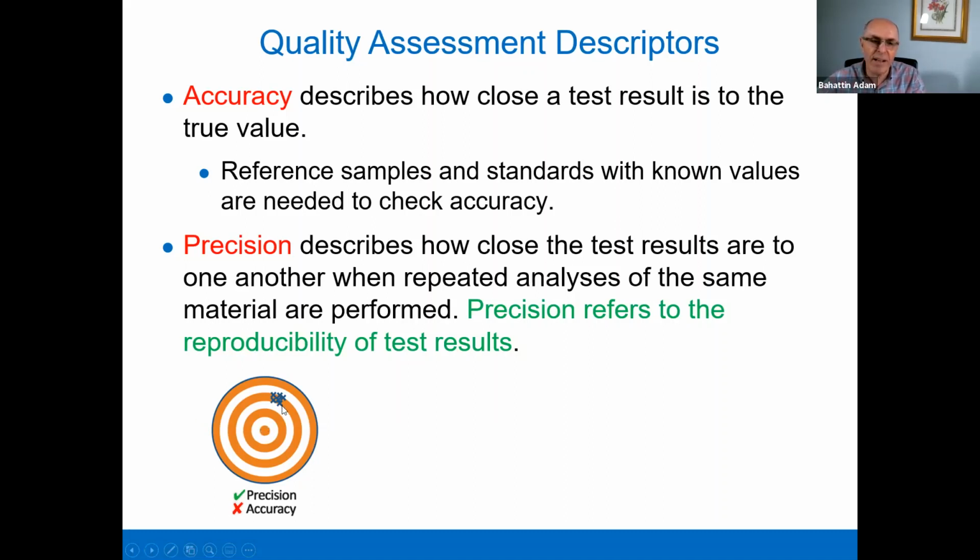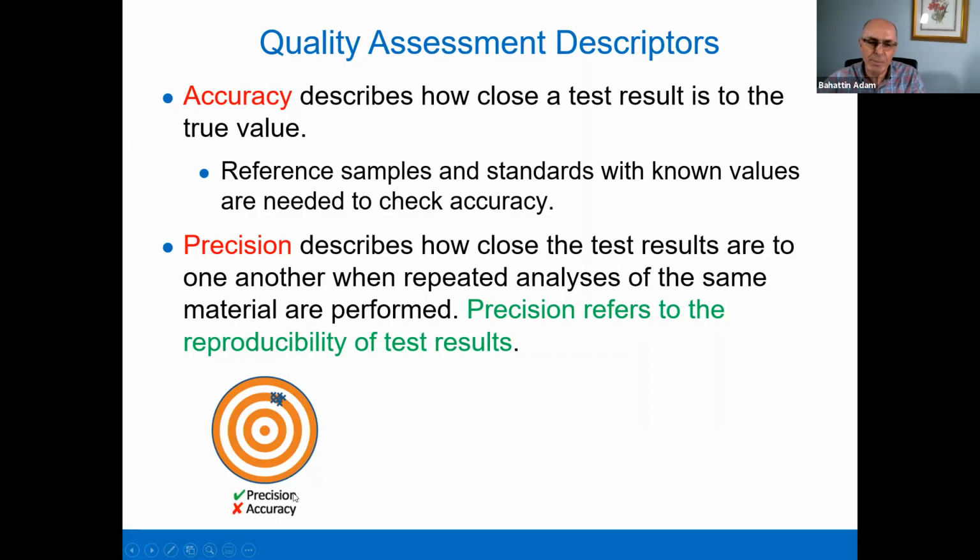If we have results far from the target value, that means they are not accurate, but the precision is okay because the results are close to each other.